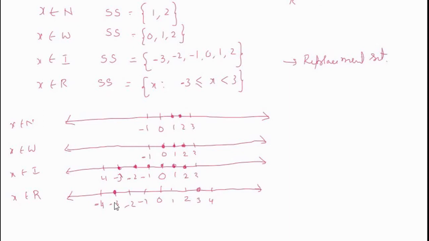Now we have marked the two extreme numbers. All the numbers in between minus 3 and 3 are also part of the solution. So we are not going to mark so many thick circles. We are going to highlight this line with a thick line, which says that all the numbers between minus 3 and 3, exclusive of 3, are solutions of the linear inequation given above.